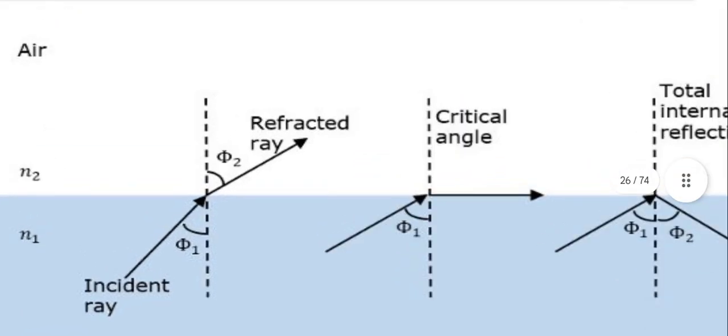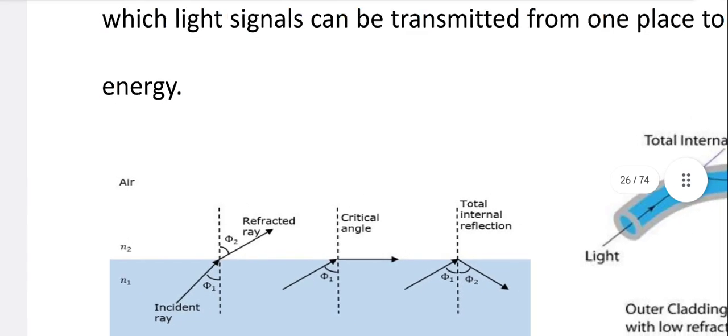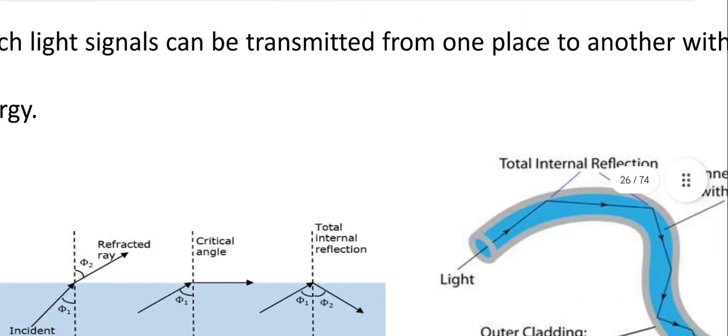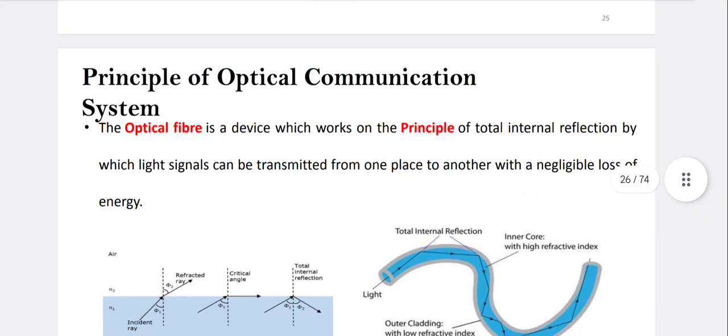When the ray hits the surface, it is bounced back to the medium. That bounced back ray is known as the refracted ray, and it also creates an angle with the surface, known as pi 2. Total internal reflection means the incident angle pi 1 is always equal to the refracted angle pi 2.